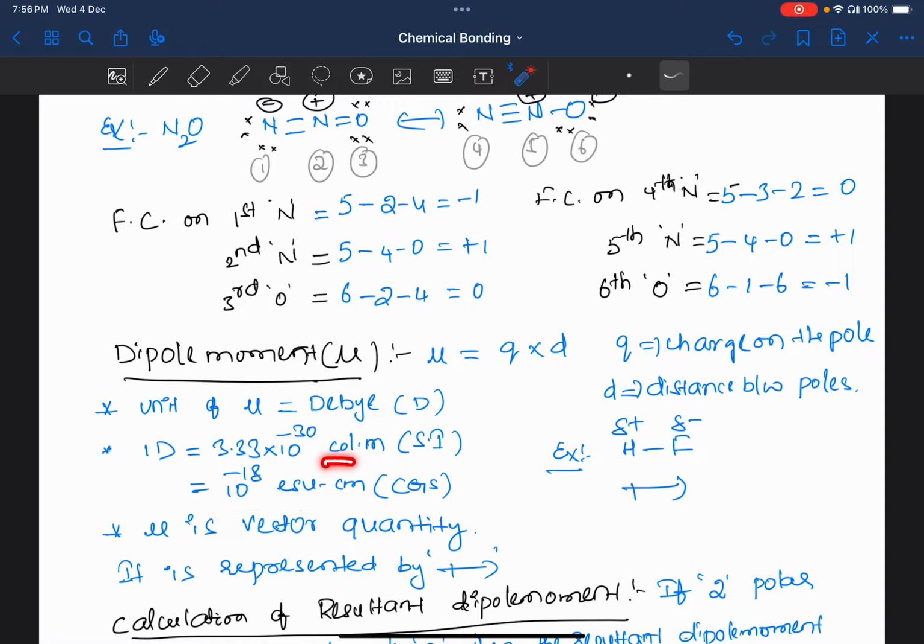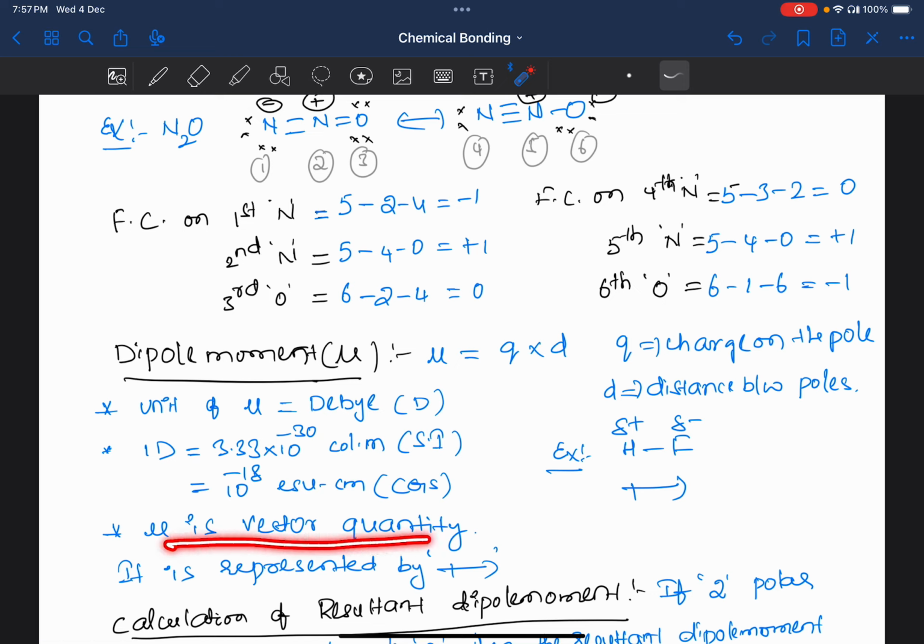Here it is given in coulomb meter and here in ESU centimeter. So the SI unit is coulomb meter, and the CGS unit is ESU centimeter. Remember that 1 debye is equal to these two values.